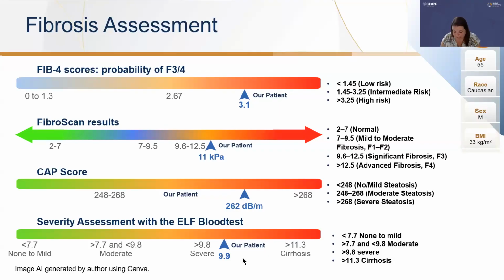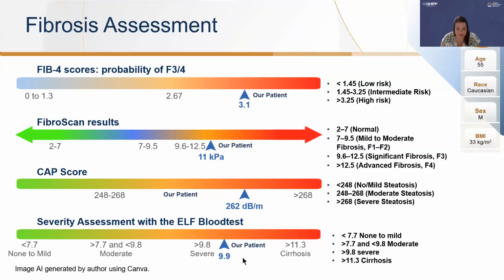All that you need to do it is an AST, an ALT, and a platelet, and those are all usually pretty readily available, on a CBC, plus either a hepatic function panel or complete metabolic panel. FibroScan, on the external side, seems very much like an ultrasound probe, slightly different, but it sends waves into the liver and then gives us back a stiffness score.